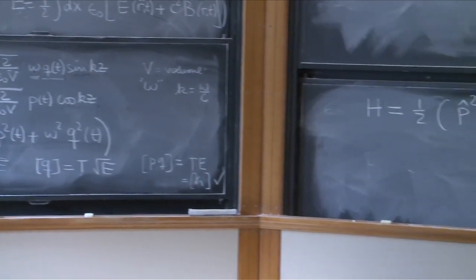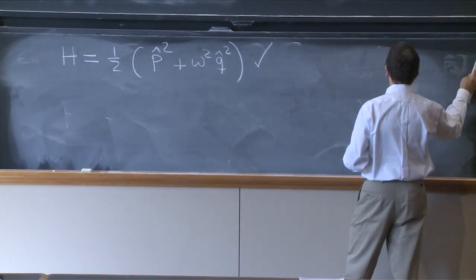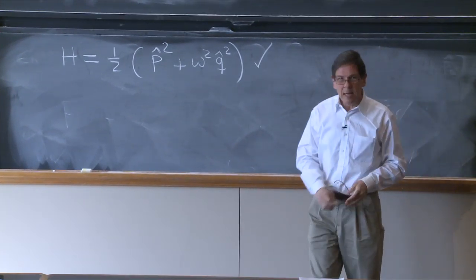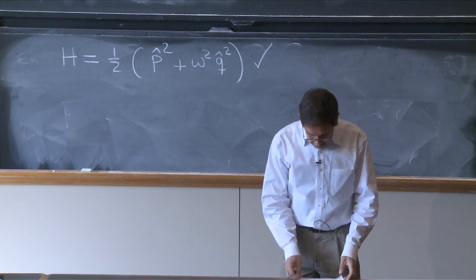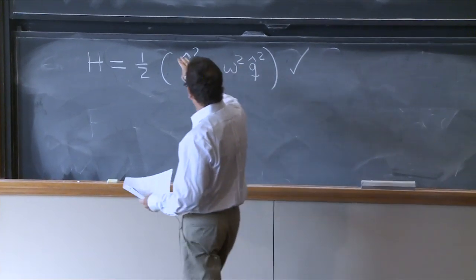So let's accept that this is a Hamiltonian for this quantum system that we want to work with, and therefore write the operators that we have.